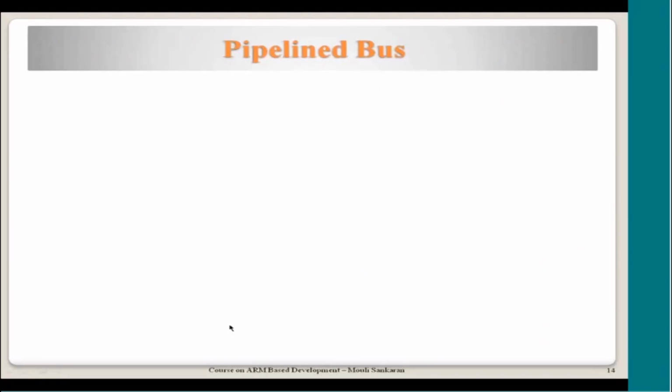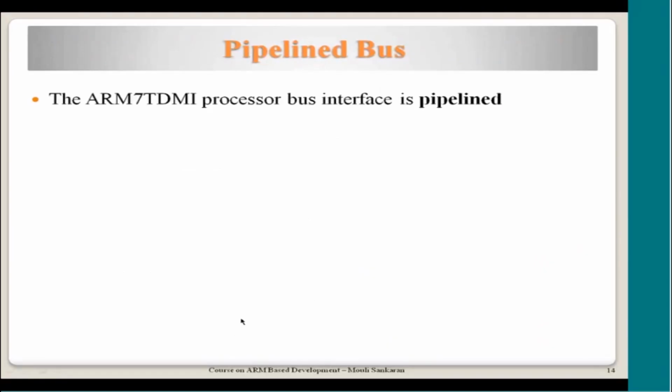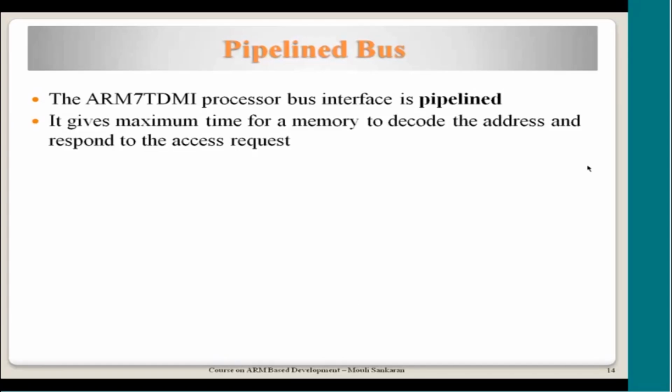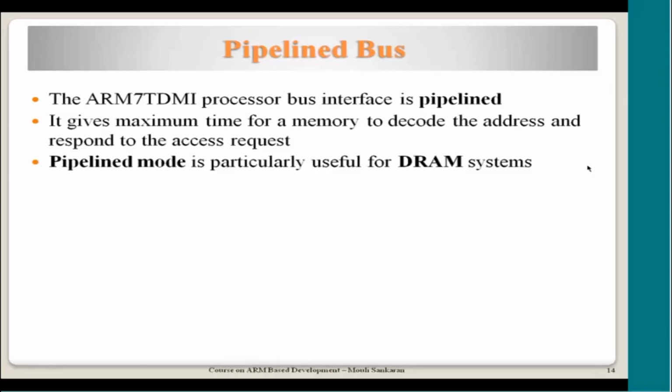Now let us talk about the bus type. We call this processor bus interface a pipeline. What does that pipeline mean? It gives maximum time for the memory to decode the address and respond to the address request. The address will be given ahead of the memory supply, and the memory has sufficient time to decode the address and put the data back onto the data bus.